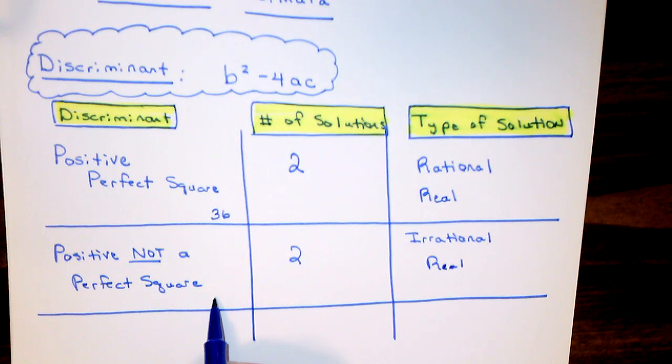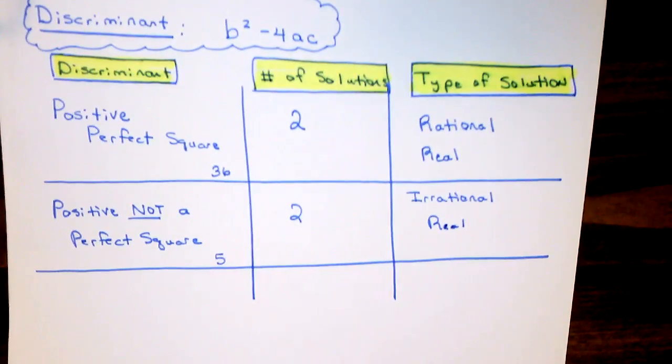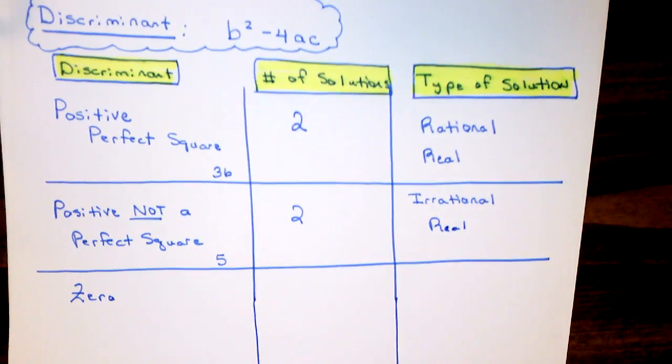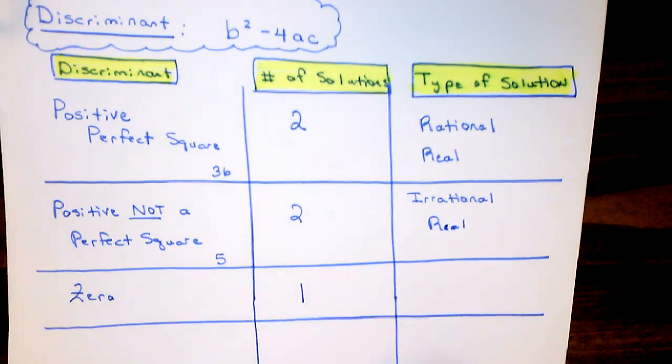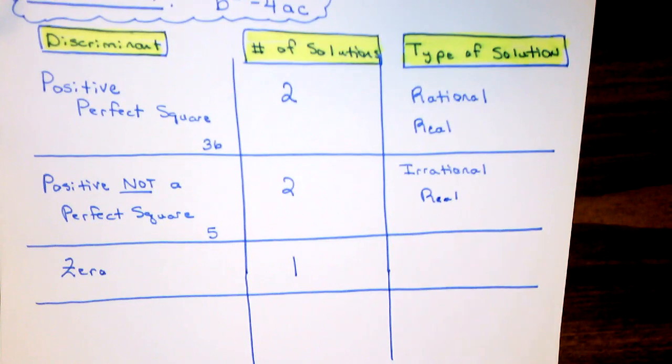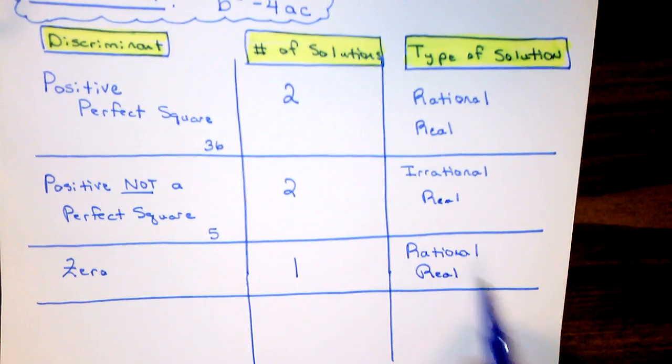So this would be maybe you got the number 5. It is a positive number, but it's not a perfect square. Okay, if you get 0, whenever you get 0, you're only going to have 1 solution. It will be considered rational and real.